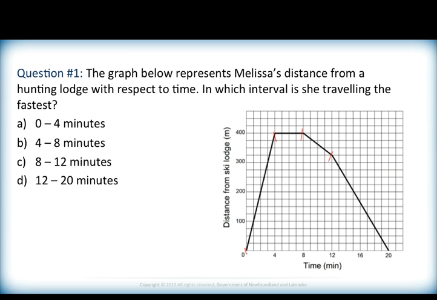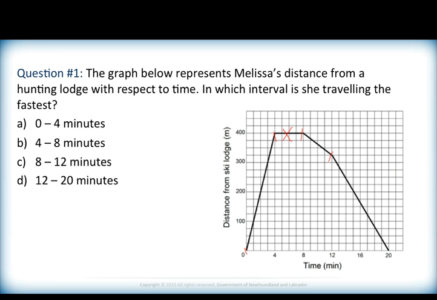So if we look at the motion here, from 0 to 4, she's increasing in her distance. 4 to 12 is a horizontal line. So if we think back to the notes from this section, a horizontal line on a distance-time graph means that as time passes, so 4 seconds, 5, 6, 7, and 8, Melissa's distance remained at 400 meters.